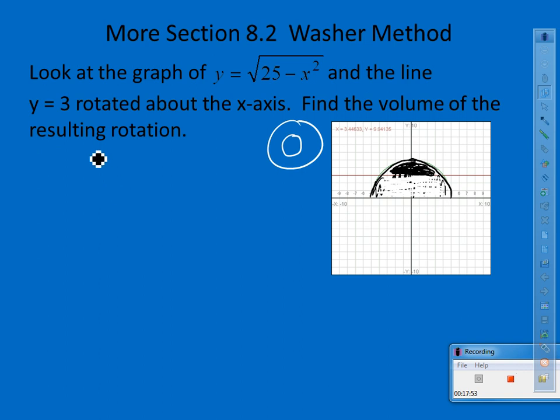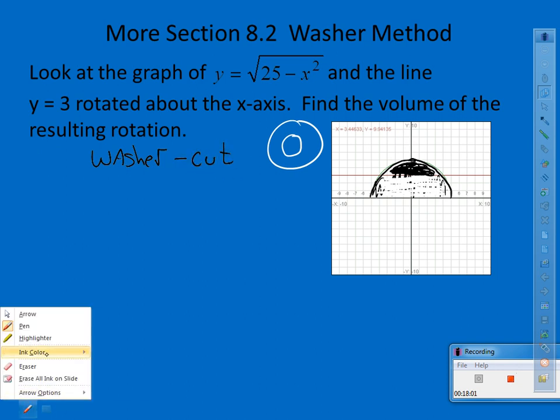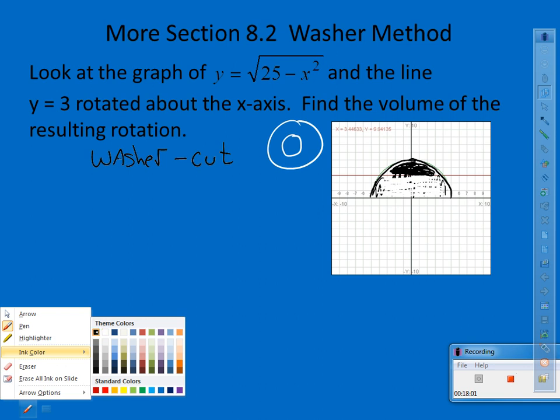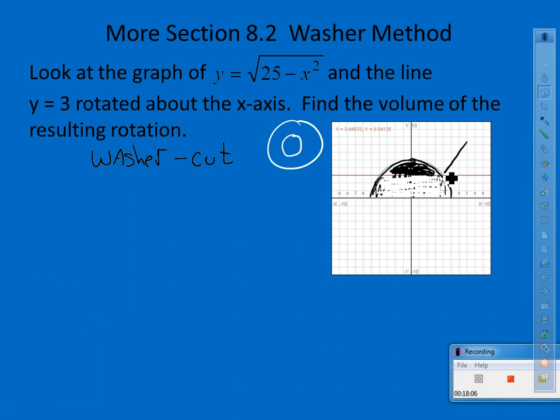Okay? And this method is called the washer method. It becomes the washer method if you're going to cut something out. So here's how this setup's going to work. I need to first figure out the points of intersection of my two graphs, of the line y equals 3 and the square root of 25 minus x squared.